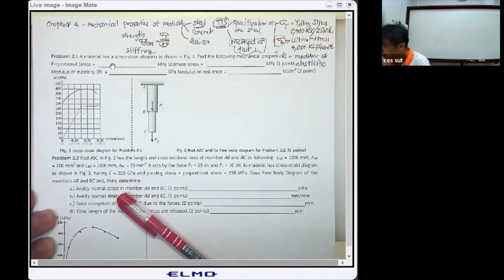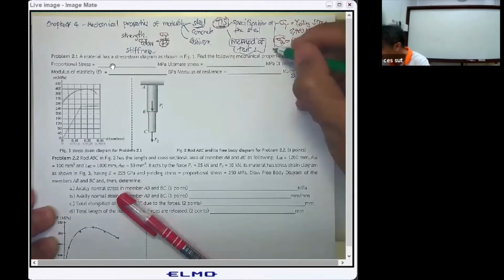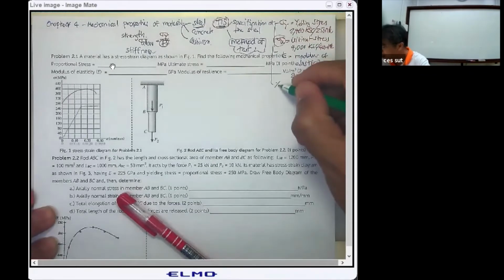That is about 200 gigapascal, or about 200,000 kilogram per square centimeter in Thailand units. And the last one that you're supposed to check is the ductility of the steel.